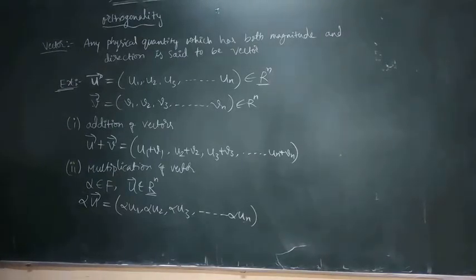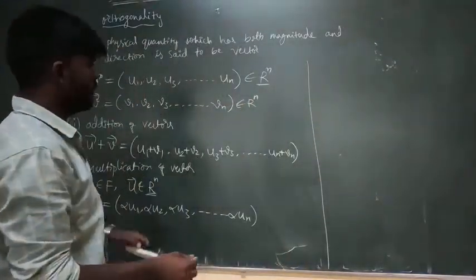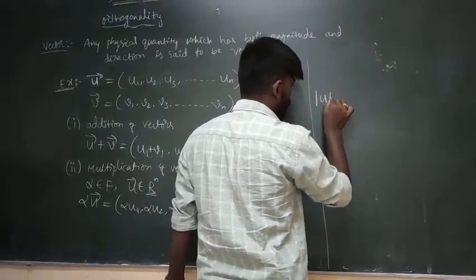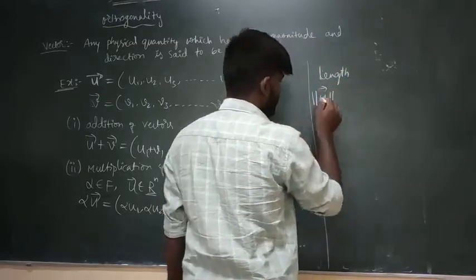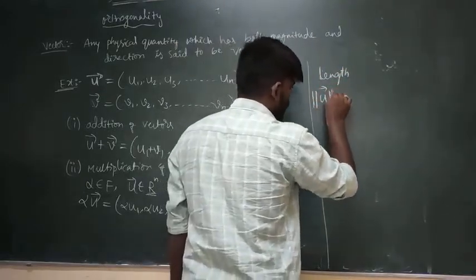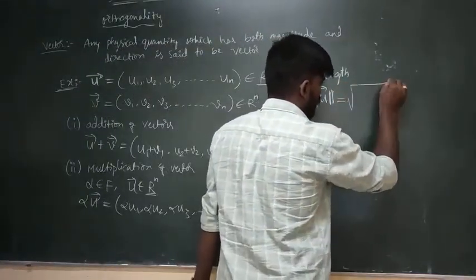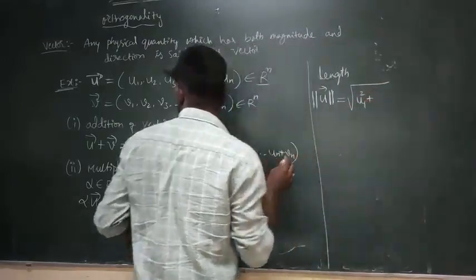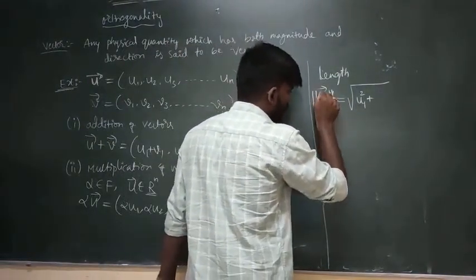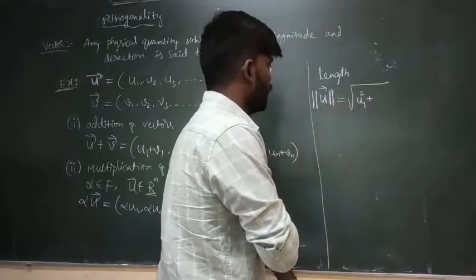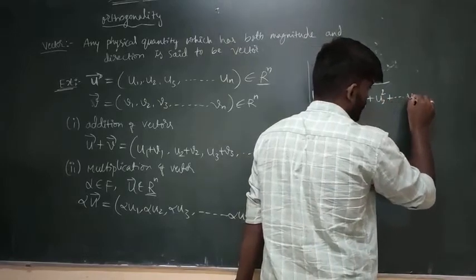We'll see how to find the length of the vector u. The length is the norm of vector u. What is the norm? The norm is the square root of the sum of squares of each element of the vector: u1 square plus u2 square plus, and so on up to un square.